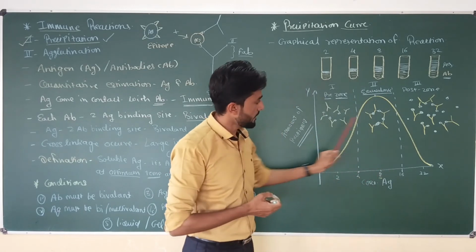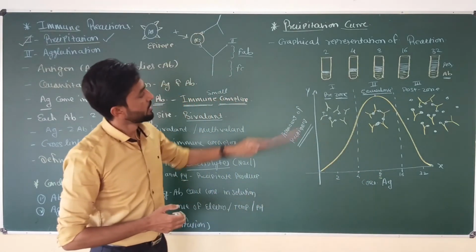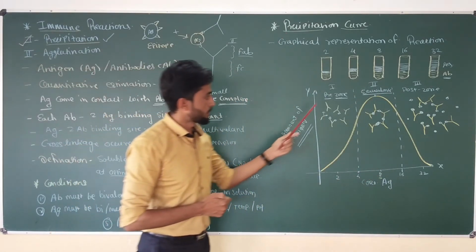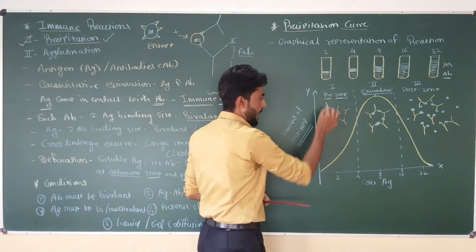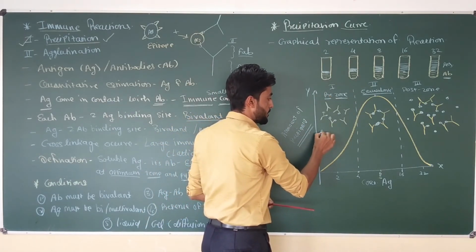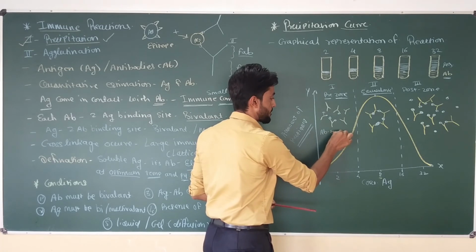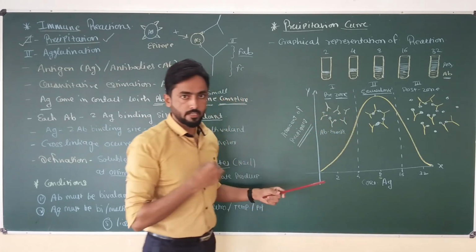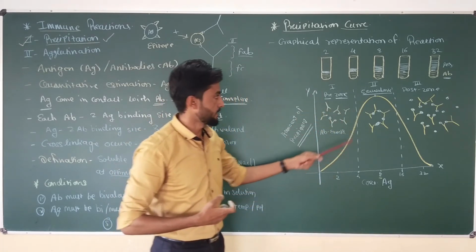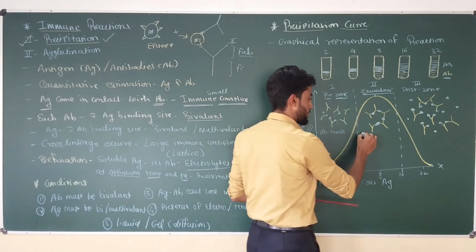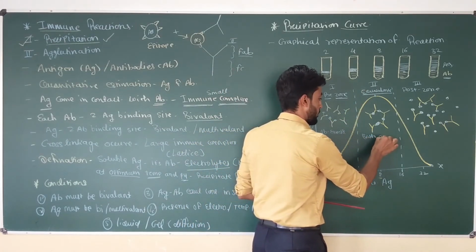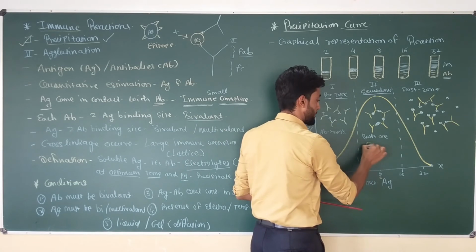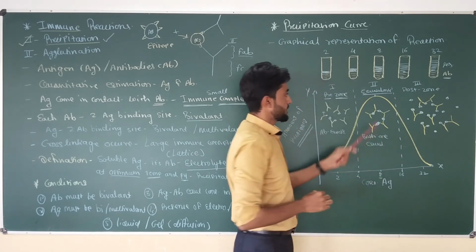So these are the 3 important zones of the precipitation curve. Number 1 is Prezone. In this case, antibody is in excess and antigen is in low concentration. In the equivalent zone, both are equal or both have optimum concentration, so we call it the equivalent zone.